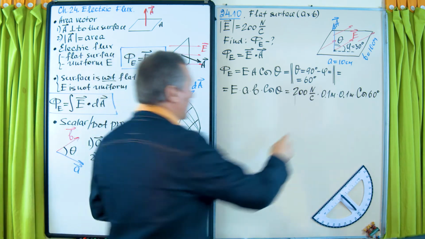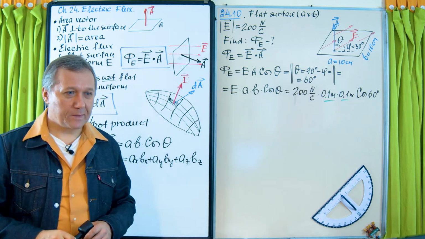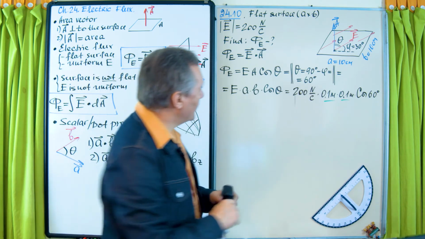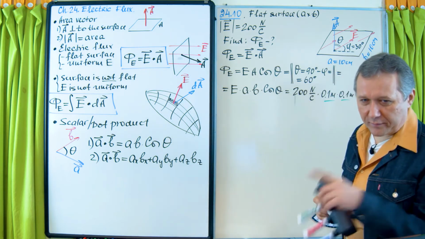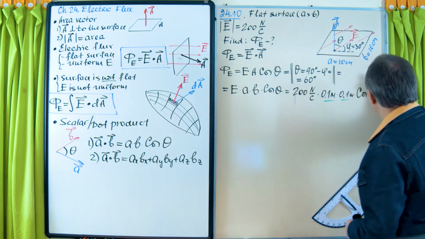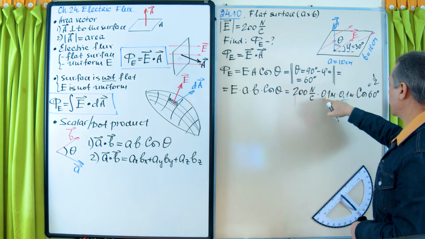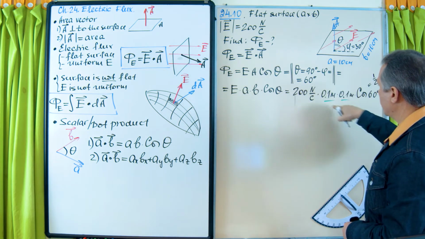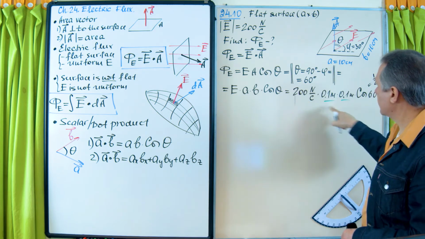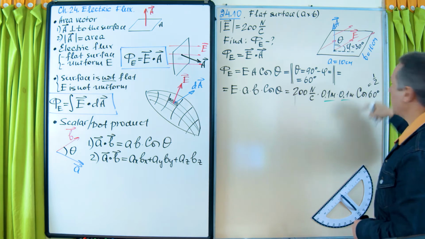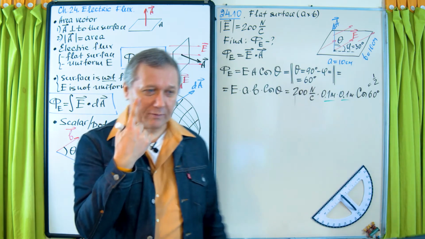Again, I emphasize meters. Cosine of 60 degrees equals sine of 30 degrees, so it's 1 over 2. Here it's 1 over 10, 1 over 10, so it's 1 over 100. This 100 and that 100 get cancelled. Here we have 2, here 1 over 2. Again, 2 gets cancelled, and we'll have only 1.